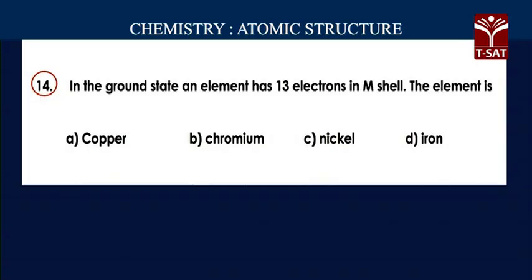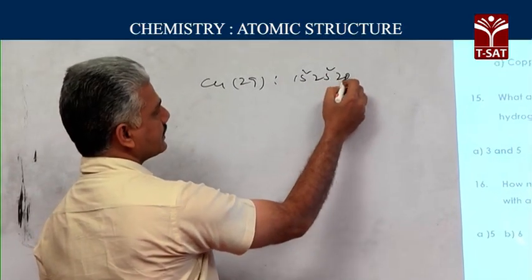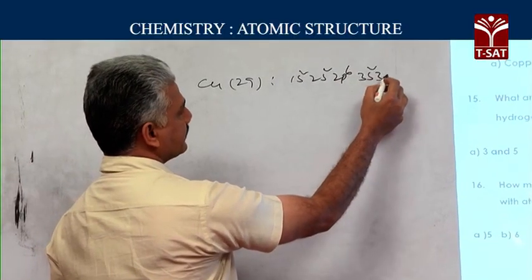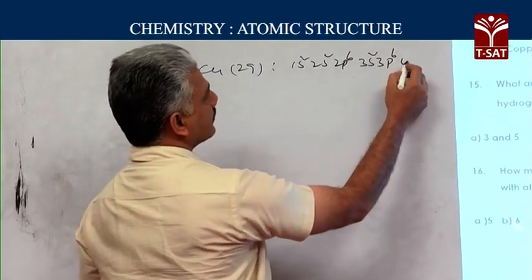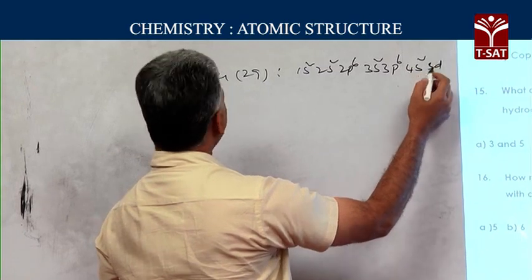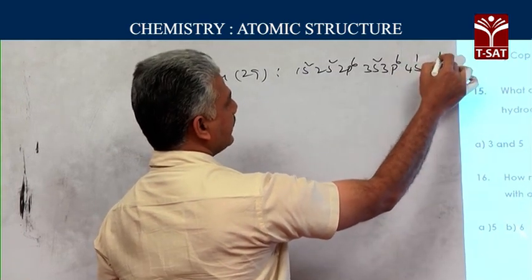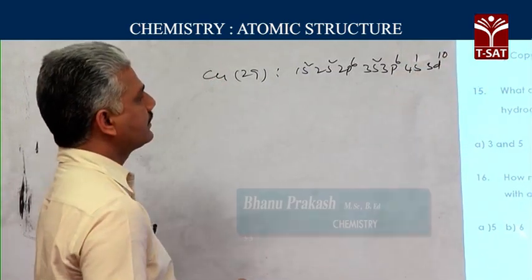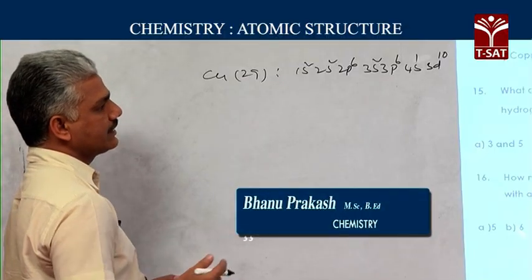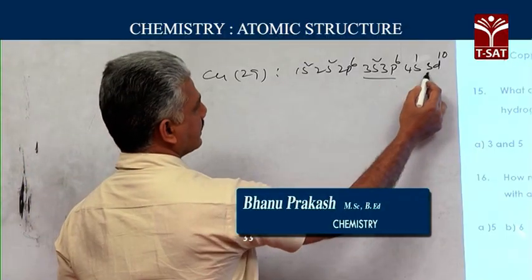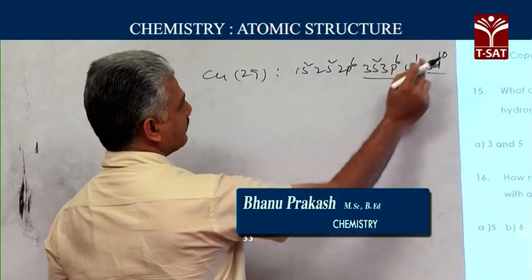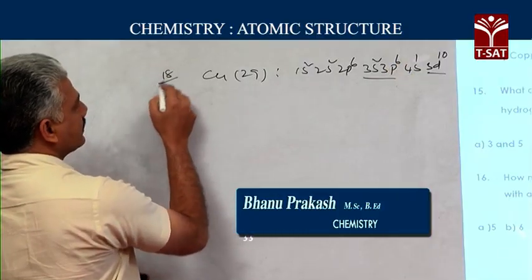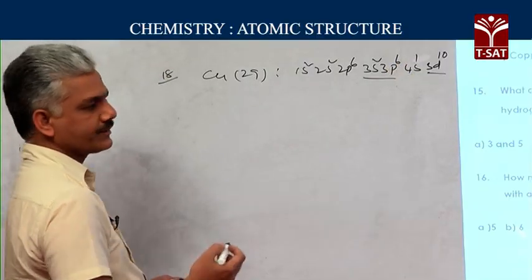Electronic configuration is 1s2, 2s2, 2p6, 3s2, 3p6, 4s1, 3d10. So, number of electrons present in the third orbit in this case are 6 plus 2, 8 plus 10, 18. So, it cannot be the answer.